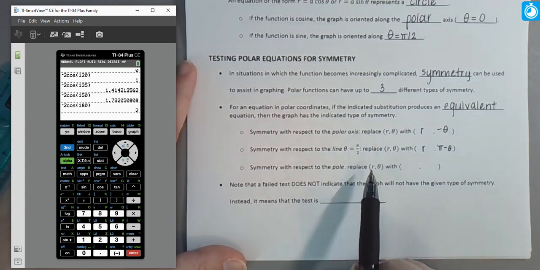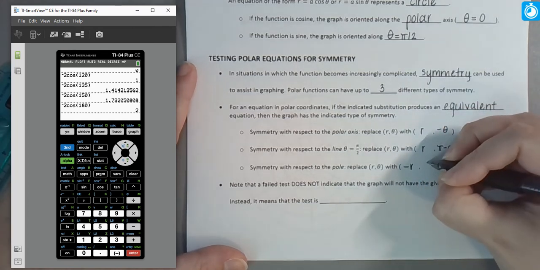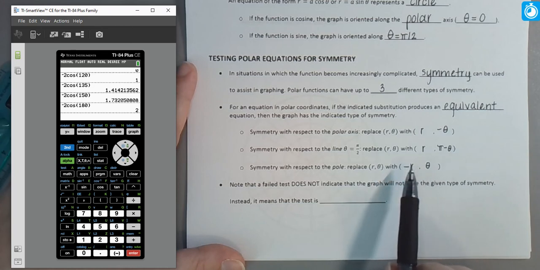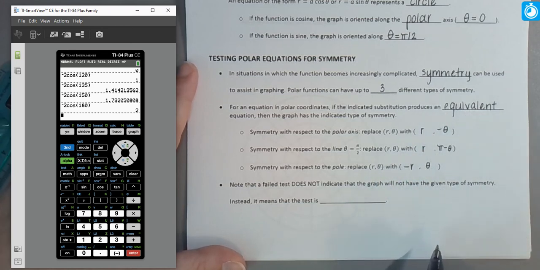So we're going to replace r and theta with negative r and theta. And we'll find, again, in most cases, this particular symmetry test is not going to yield an equivalent equation, which means, not that failing a test indicates we don't have that type of symmetry. I definitely want to talk about this.